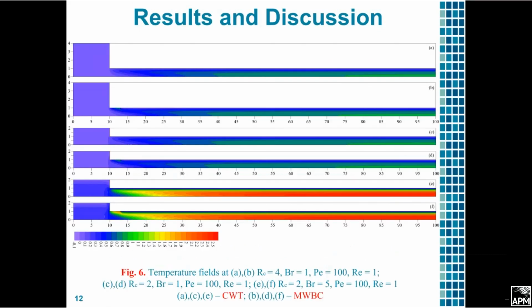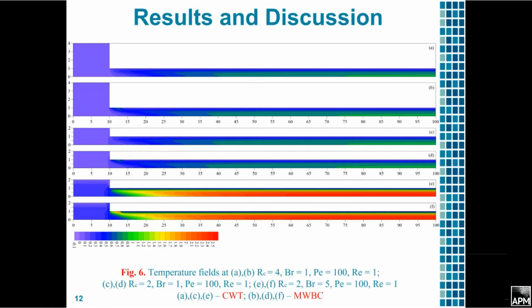And again, temperature distributions. Here we can compare how the temperature varies if we use different pipe contraction ratios, as you can see, 4:1 and 2:1.